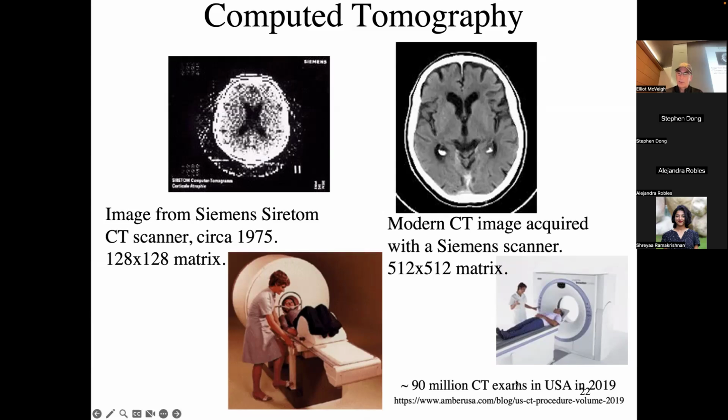And that is why in 2019, 90 million CT exams were done in the USA, right? Just think about that number for a second. That is a big number compared to the number of people who are in the USA, right? And so it is a heavily used imaging device.